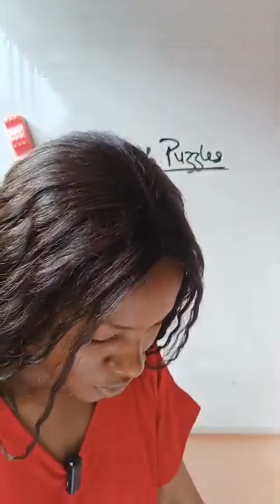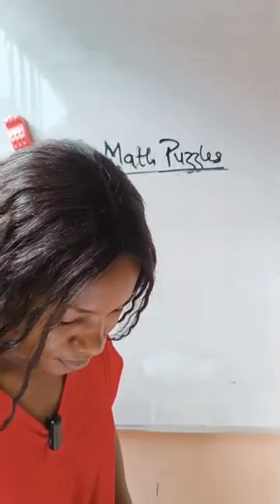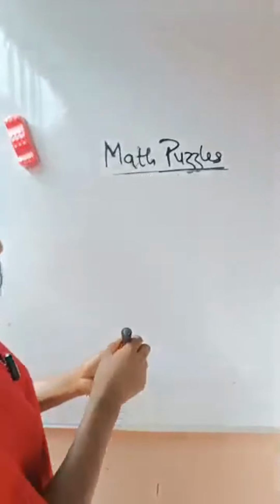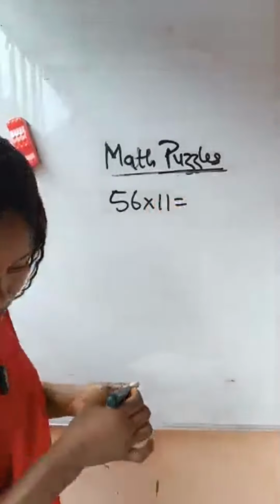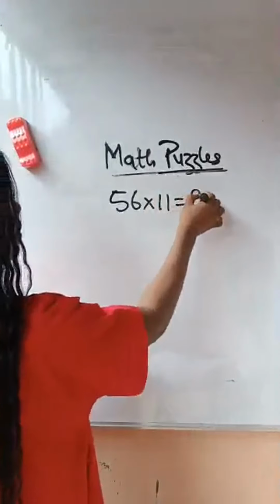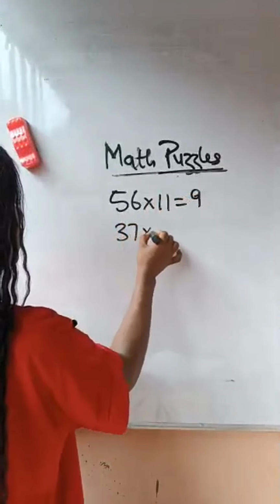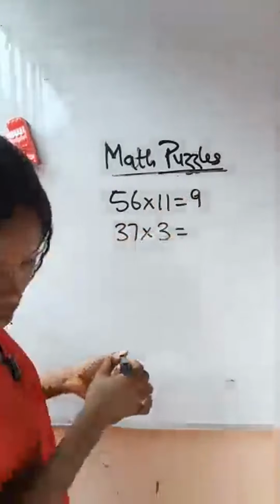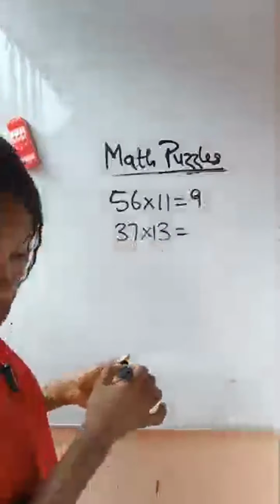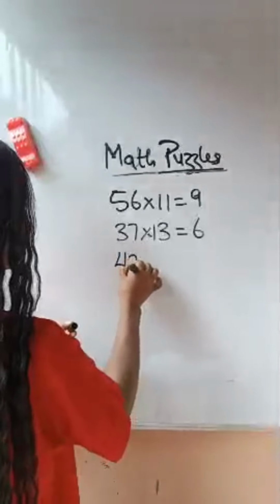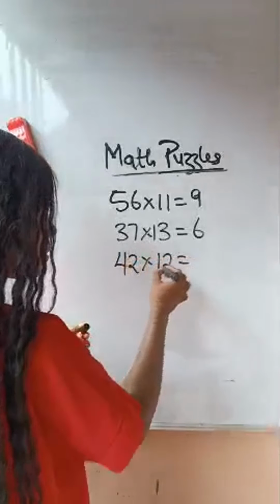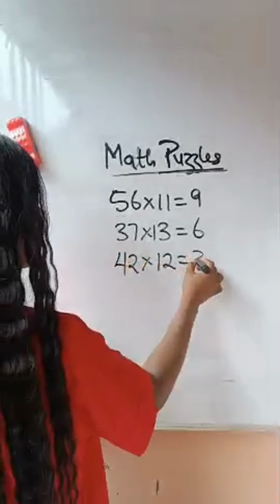Now the first question says, 56 times 11 equals 9. 37 times 3 times 13 equals 6. 42 multiplied by 12 is equal to 3.